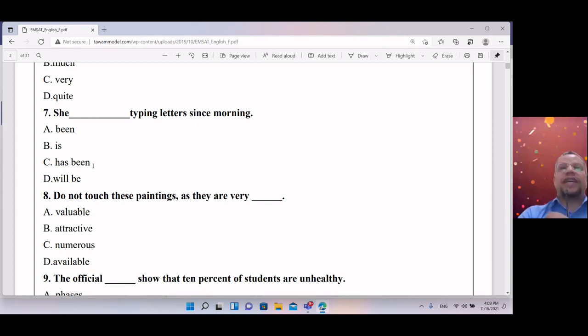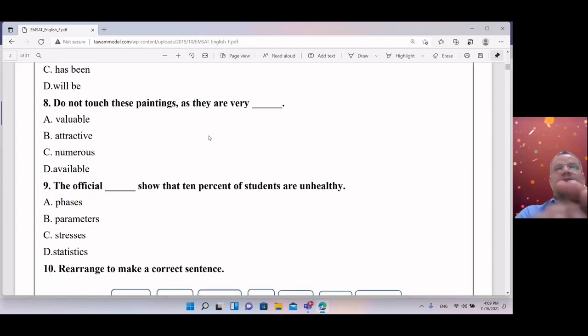But continuous means has been plus ing. And this is the answer because I don't have has alone here except one. So the answer is she has been typing letters since morning. So why do I choose has been? Because of since. If you have since, the answer is has or have.